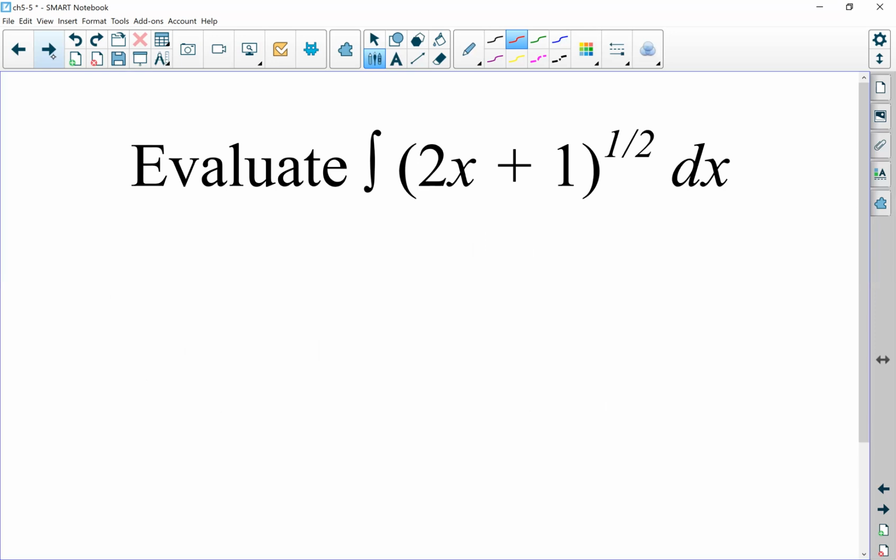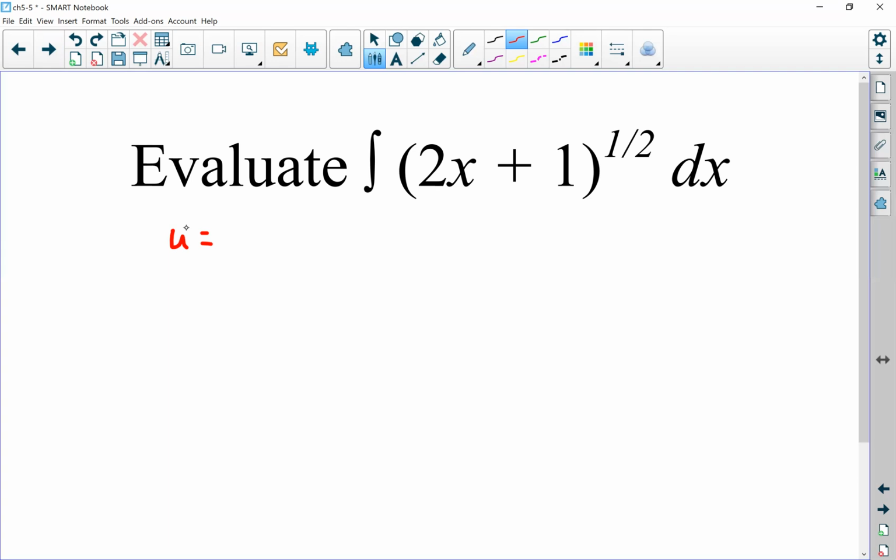All right, so let's try this one. The integral of 2x plus 1 to the 1/2 dx. So I know right away I'm going to need substitution because I have a composite function. And so if it's a composite function, my u is going to be the inner part of that composite function.